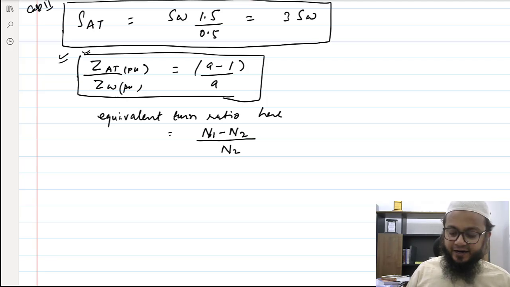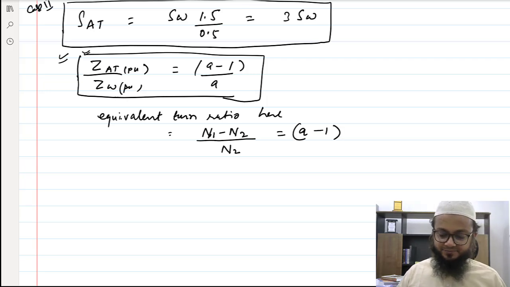And since we have defined N1 by N2 as A, this is A minus 1. In a two winding transformer, it was A, right? N1 by N2. But now here, you can see that it is A minus 1.